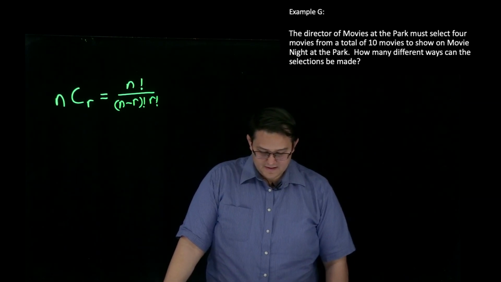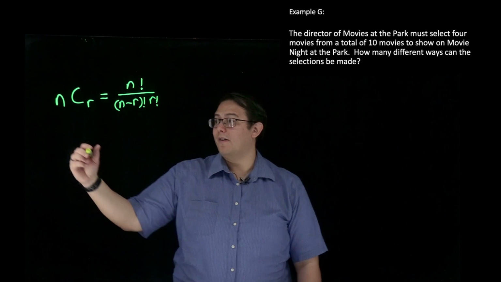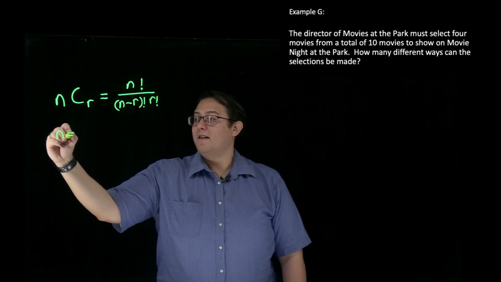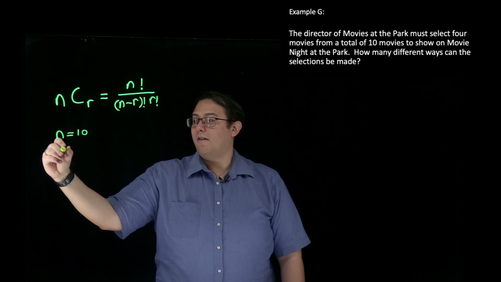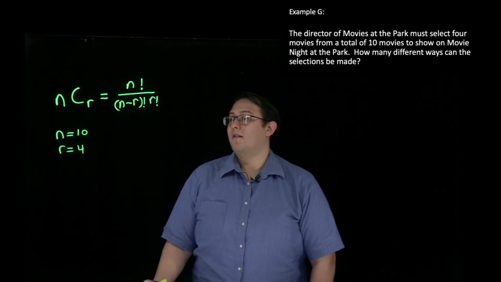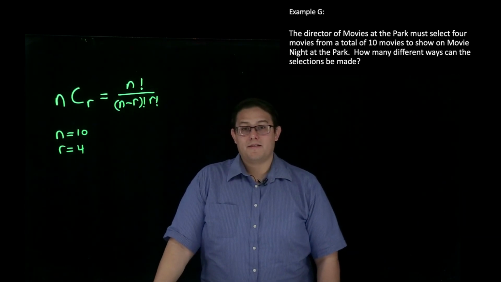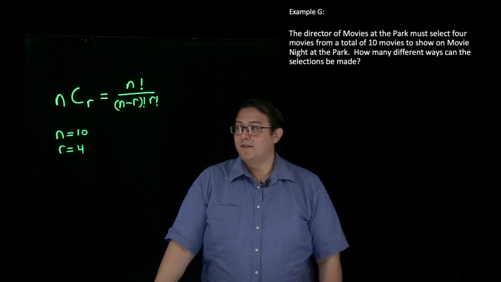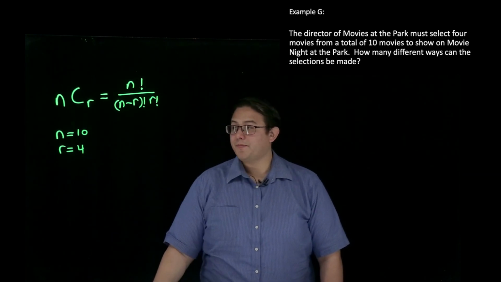So in this case, we have 10 movies to choose from. So n is 10. And r, we're going to choose 4 of our 10 movies. So r is 4. And since the order is not important, we're going to be using combinations instead.